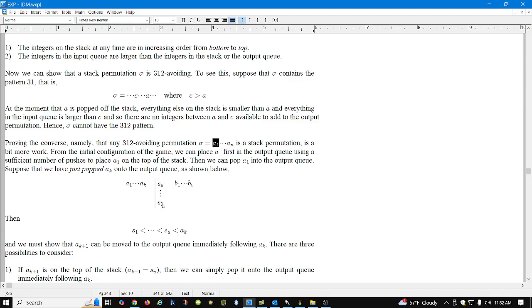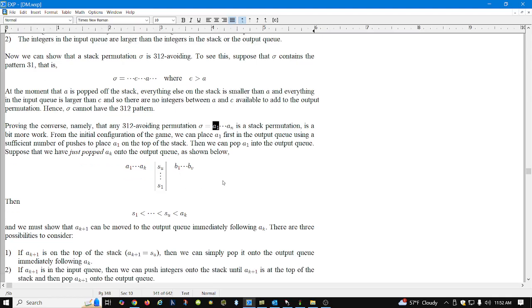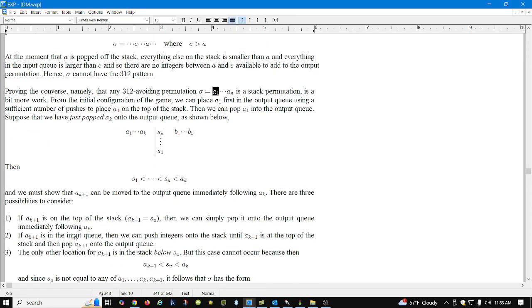We need to show that we can get AK plus 1 onto the output queue right next to AK. So AK plus 1 would be the next pop off the stack. Well, the issue is, where is AK plus 1? If AK plus 1 is buried on the stack, that is not going to happen. So let's take a look at the possibilities.